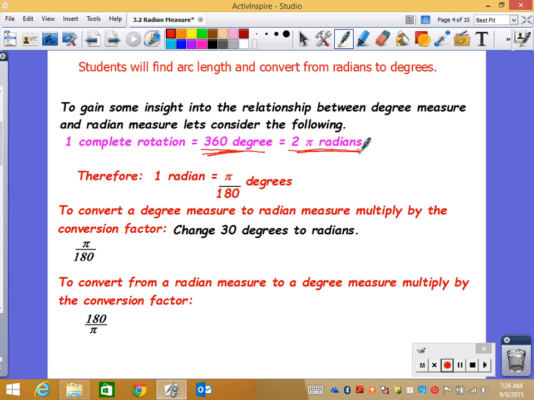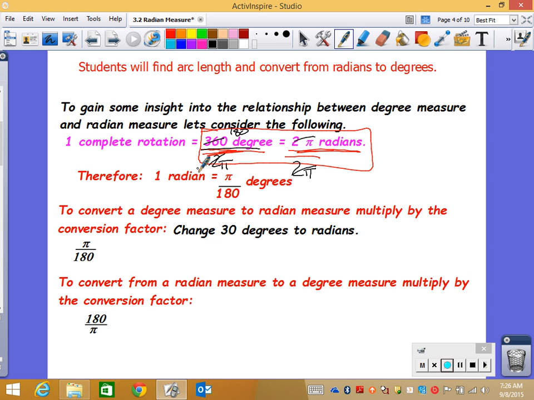We get this by, if we look at this half of the equality, we divide both sides by 2 pi. My 360 goes to 180, my 2 goes to 1. We get 180 over pi, or we get that 1 degree is pi over 180 radians.